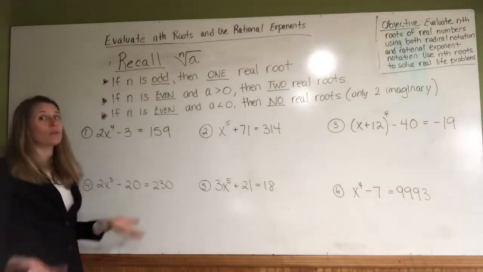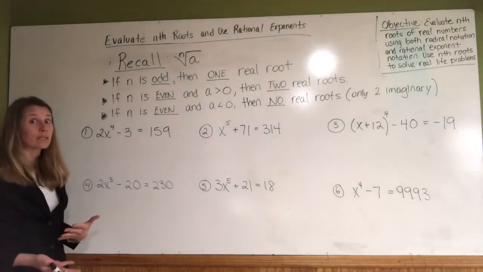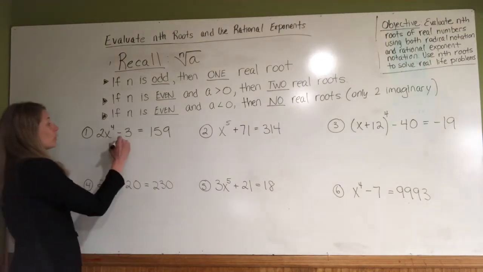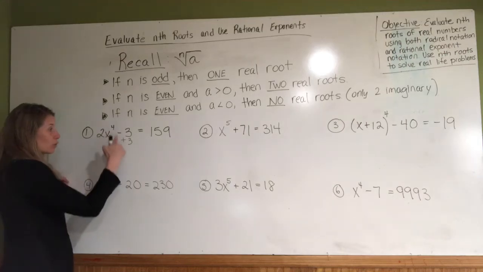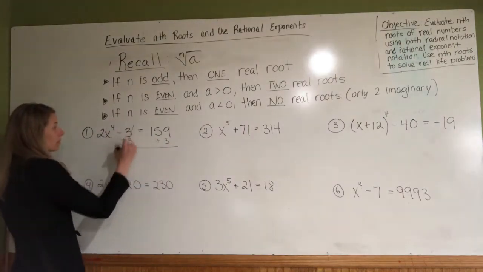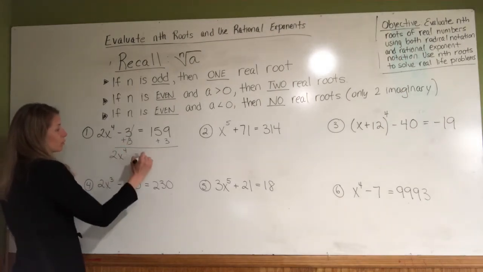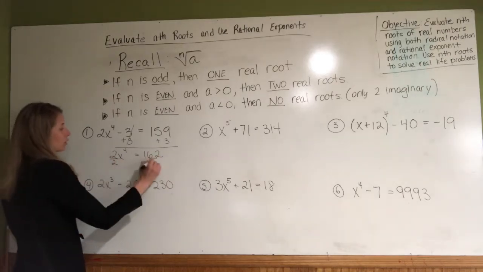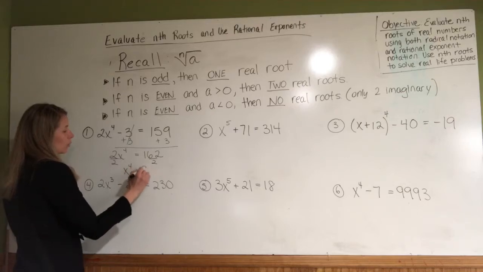So just like we would solve an equation, we always want to move towards getting that x by itself. So if we're looking at something like number 1, we want to get this x by itself, so we're going to move everything to the other side. We're going to add that 3. So we now have 2x to the 4th power equals 162. Then we're going to divide by the 2. X to the 4th power equals 81.